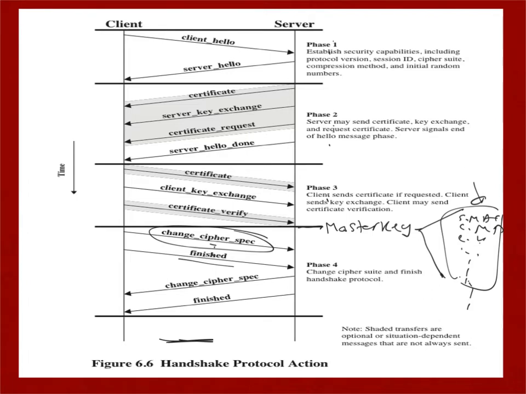Okay? But when it comes to the connection, the server is the one that drives how you will connect to the server. Okay? So the server is the controller, the one that drives the communication. But the client is the one that initiates it. Okay? So the sequence goes as follows.